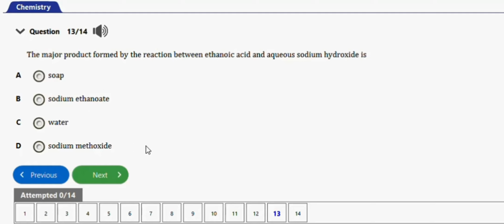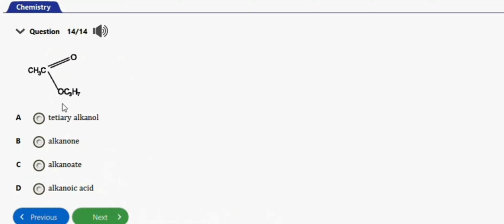Then the last question I have before I end this video says we should identify this structure. So this is basically an alkanoate, right? When you rearrange this structure we have here, you are going to see that it's an alkanoate. So option C is the right answer to this question.